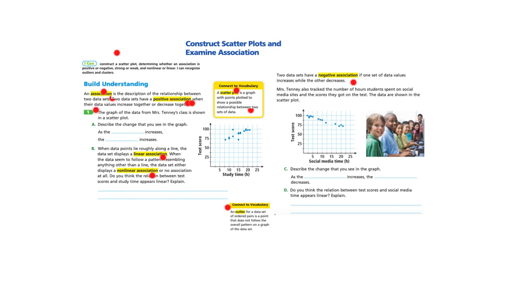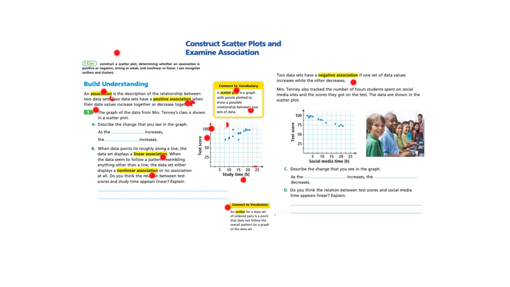So number 1, the graph of the data from Mrs. Tenney's class is shown in the scatter plot. So here's the graph. If you did the Spark Your Learning, then hopefully your graph looked something like this. So they're talking about study time versus test scores, and as the study time increases, what happens to the test scores. So they say, describe the change that you see in the graph.